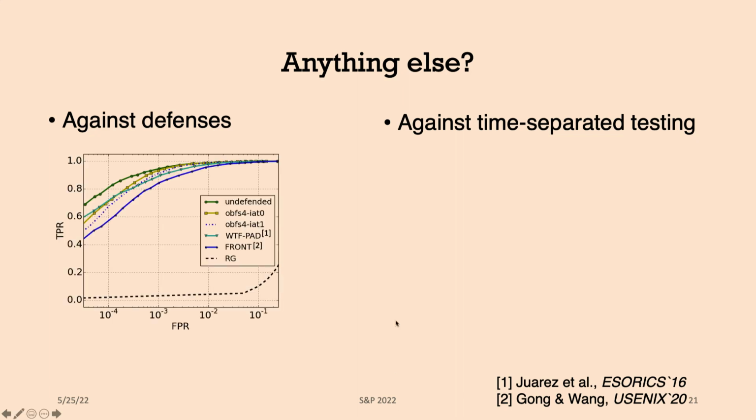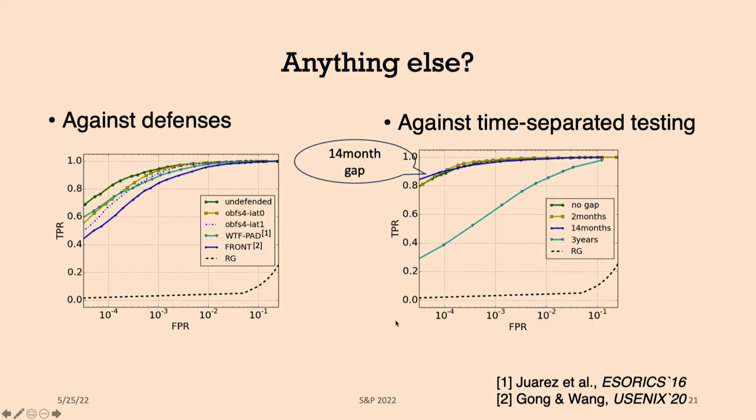We also evaluated DeepCoFFEA against time-separated testing data, up to three years apart. As shown in the left figure, DeepCoFFEA still performed adequately against the defenses. It also performed very nicely against the time-separated testing data up to 14 months apart.